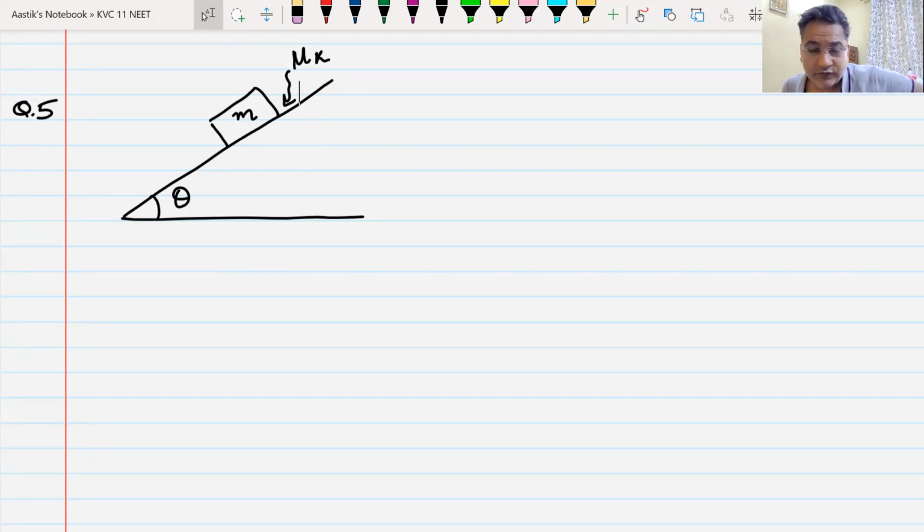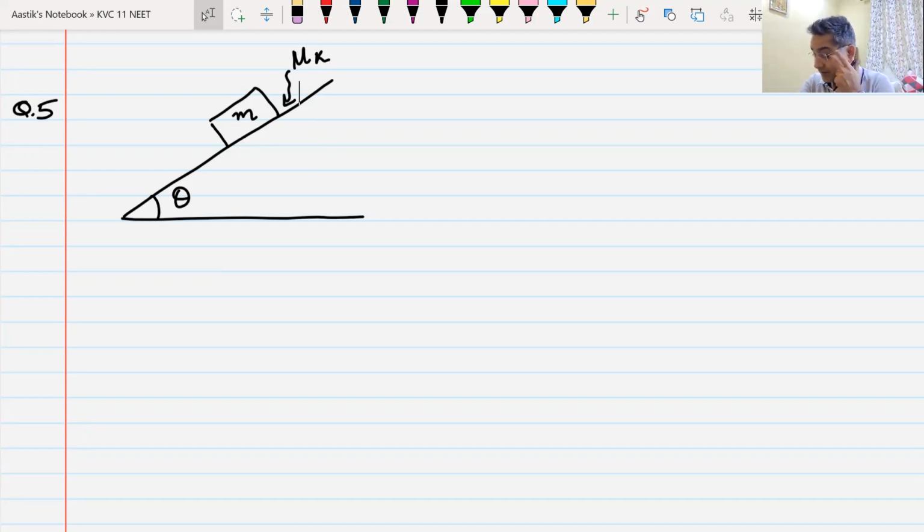Remember, when there was no friction, when the surface was smooth, the acceleration was g sine theta. Do you remember it? Now you have to find out the acceleration when it is not smooth. The value of kinetic friction is mu k.